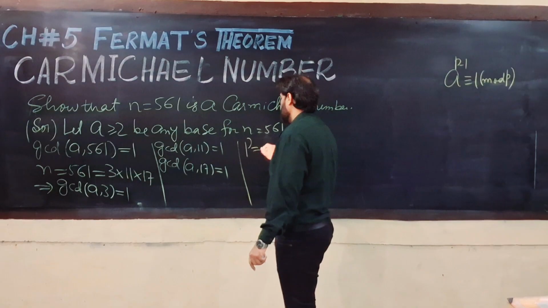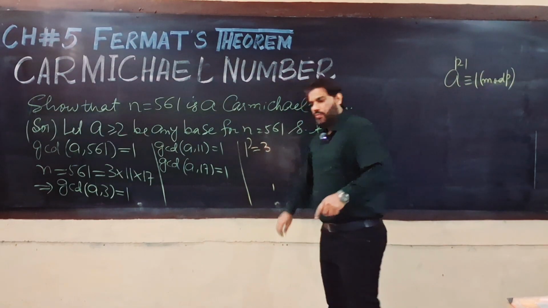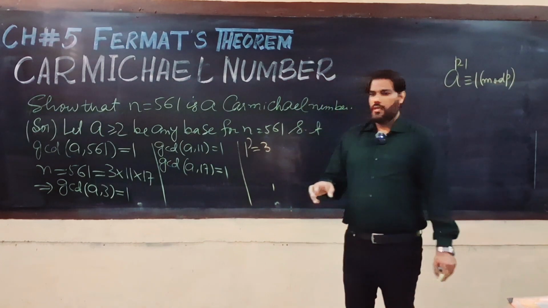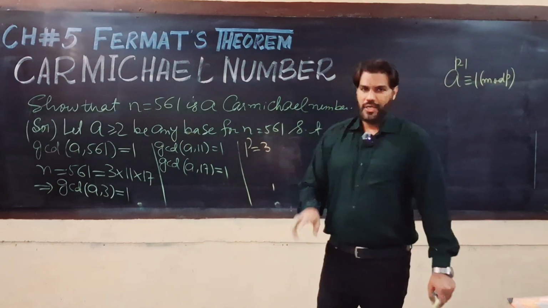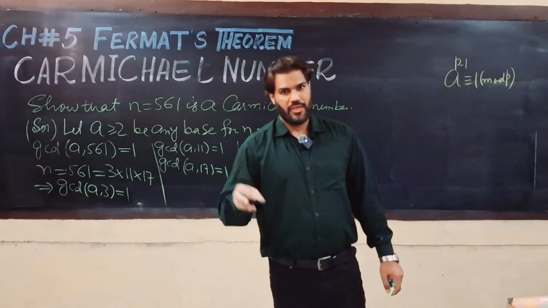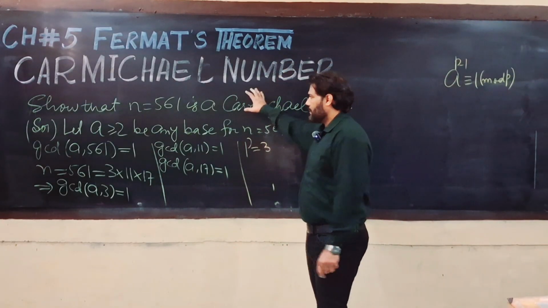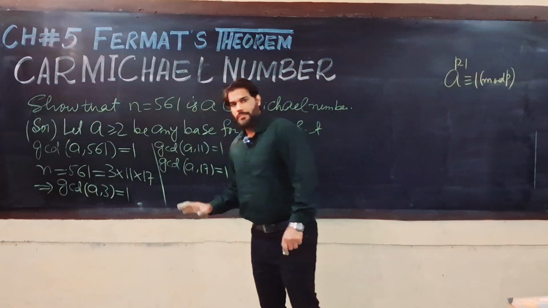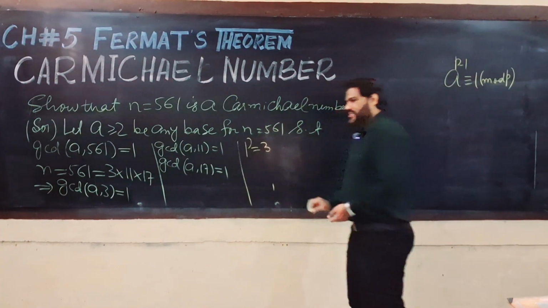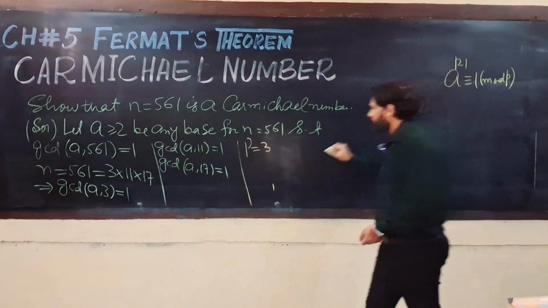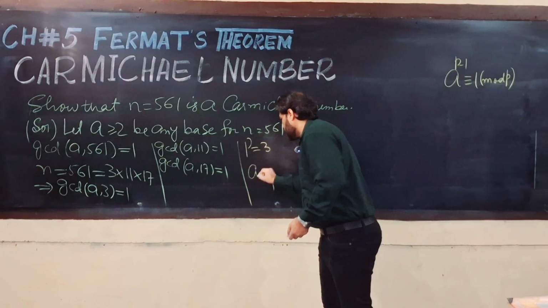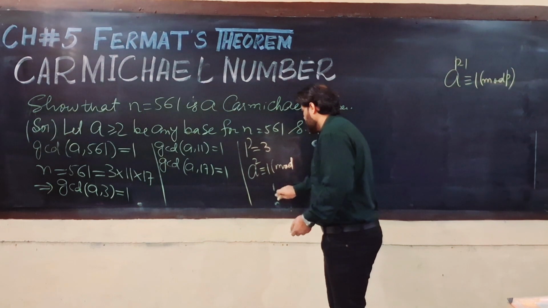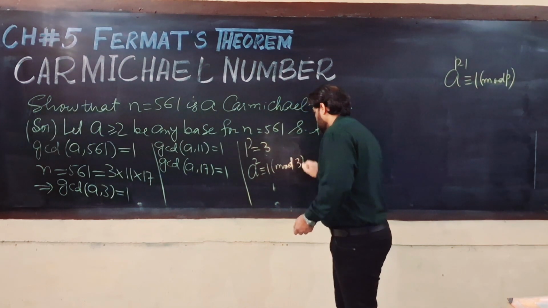When you take the first prime p equal to 3, we will not choose any specific base a, like in our first lecture where we took a equal to 2, or the second lecture where we took a equal to 4, because we have to show that 561 is a Carmichael number for any base. So we will not replace a with any number. Putting p equal to 3 with base a greater than or equal to 2, this becomes a squared congruent to 1 modulo 3.